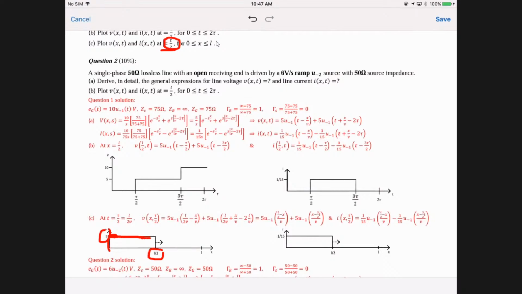So the step has just reached here. The rest of the line still doesn't see the step yet. So we still see the wave is coming, but it has not come yet. That's why I use the dotted line and arrow. It takes more time to reach.